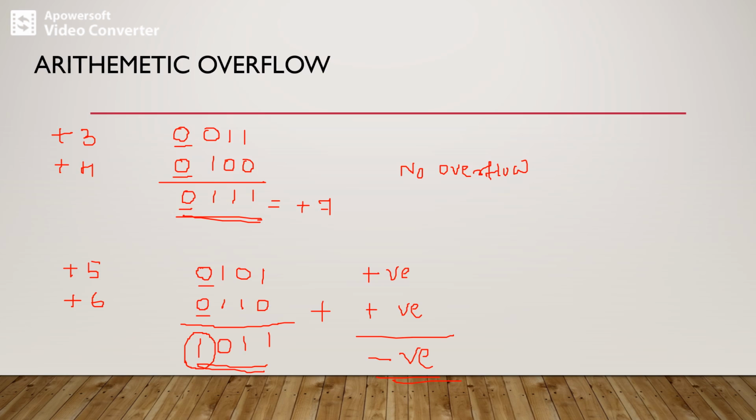Then I can say that there is an occurrence of overflow and the result is incorrect. So overflow may occur if you are adding two positive numbers and the result is negative. Else, if you are adding two negative numbers and the result is positive, then only overflow may occur.